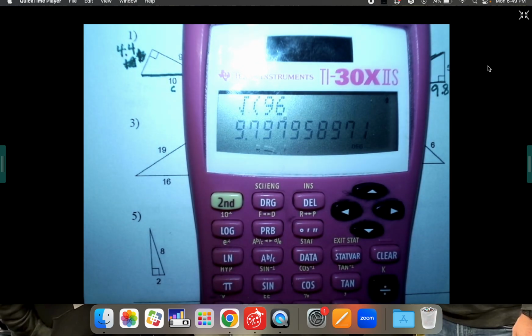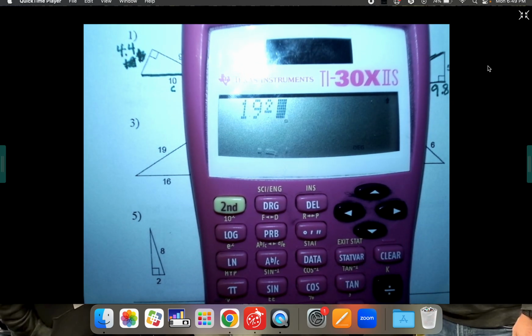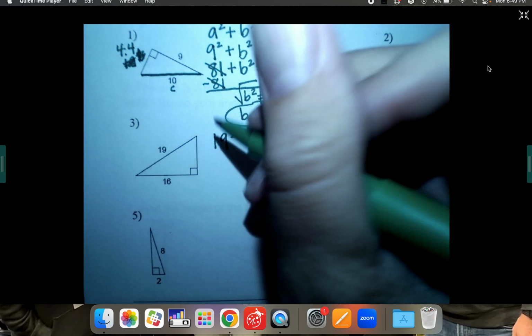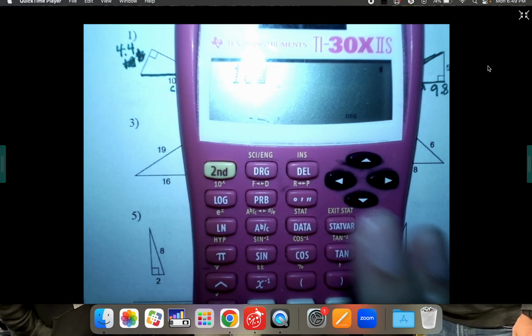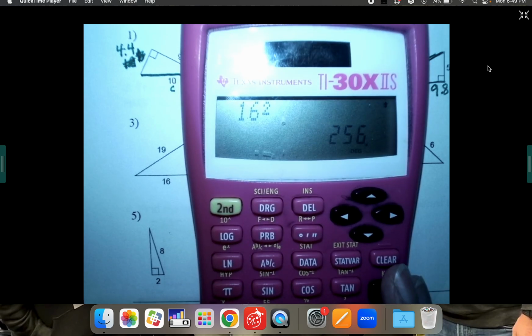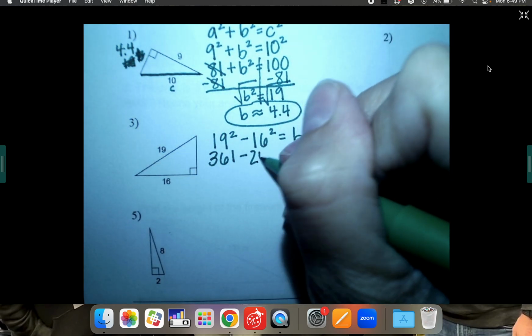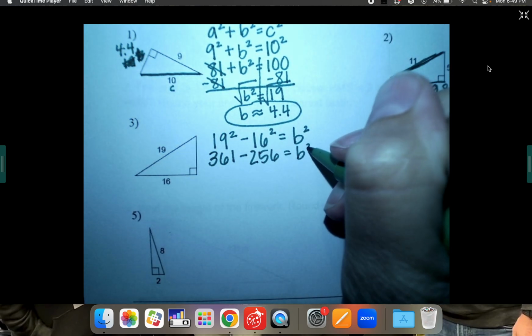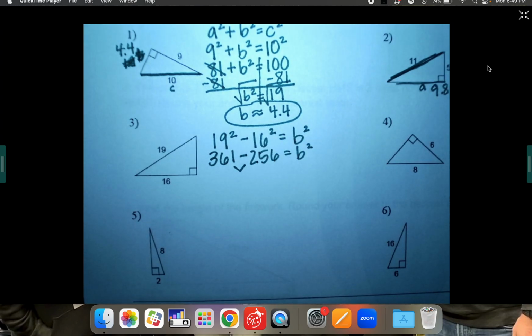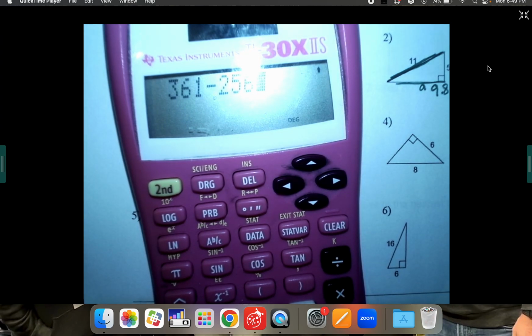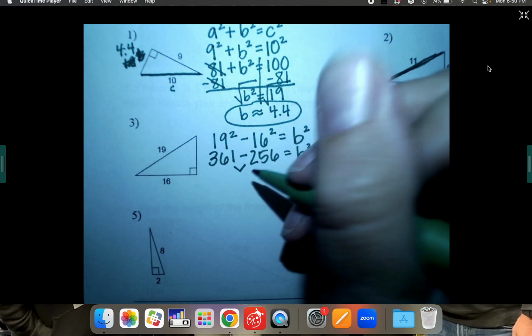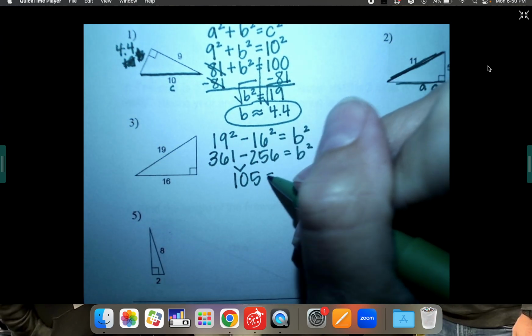So 19 squared is 361 minus 16 squared, which is 256. And if you go ahead and subtract those two and find the difference, 361 minus 256, that is 105. And then you're basically done.